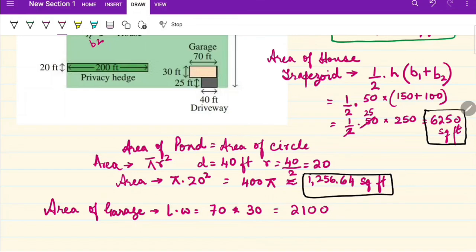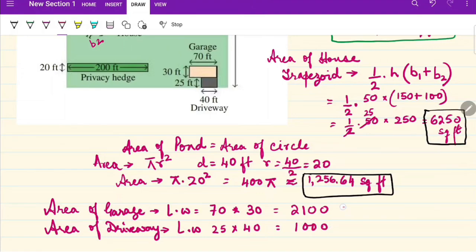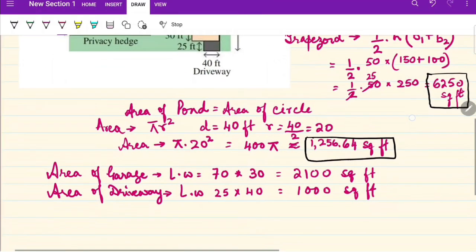All right. And then we have the area of the driveway. Again, that is going to be length times width, which is 25 times 40. Correct? So that would be 1,000, and these are all square feet, correct? All square feet.